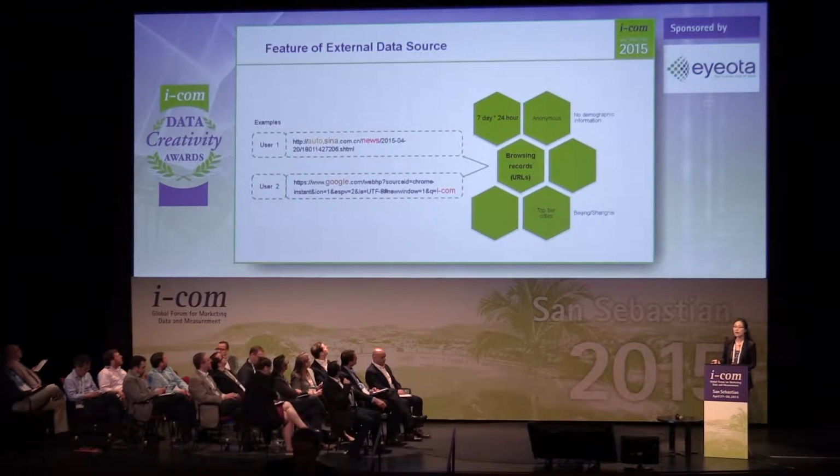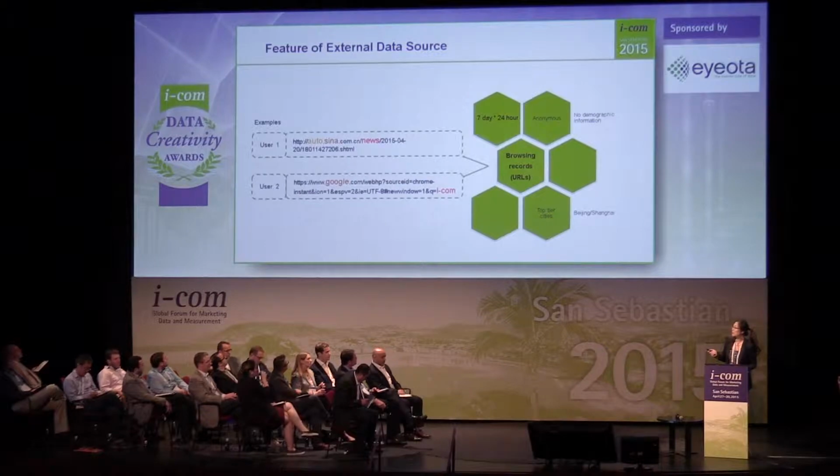So we can tell from example 1, this user read news on the auto channel of Xinjiang. And from example 2, we can tell this user searched Intel on Google. So with this kind of browsing record, we can tell what channel audience would like to visit and what kind of content audience would like to view.